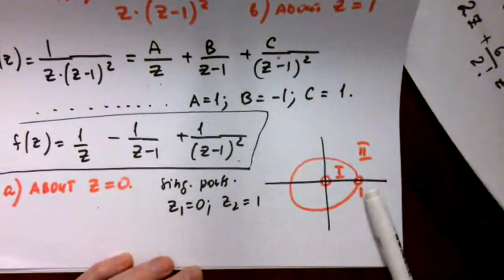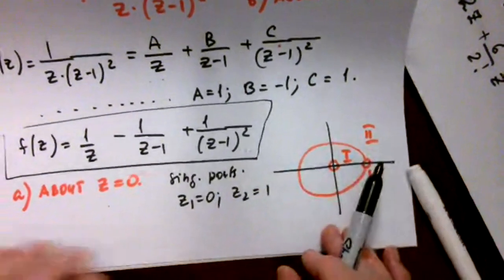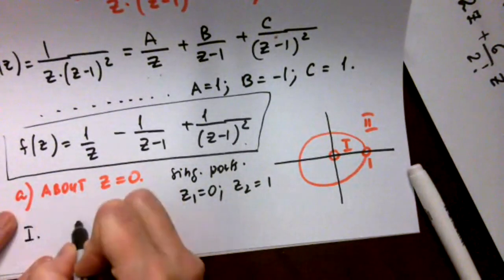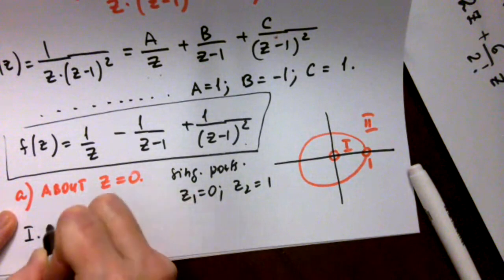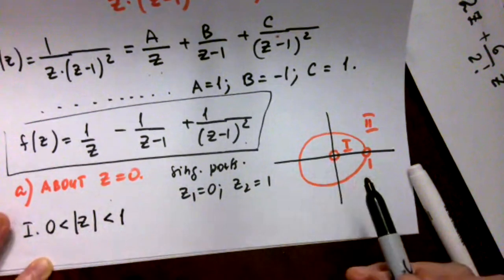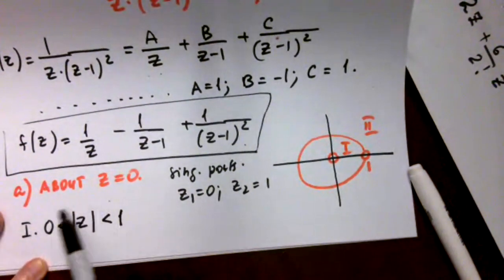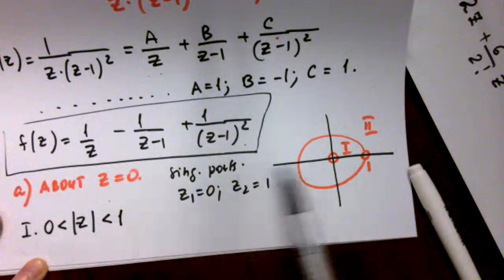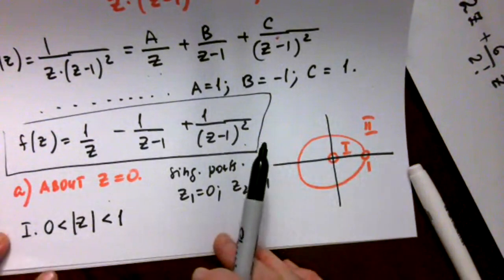But the difference is that this time the center of the circle doesn't belong to the first region at all. So the first region can be written as absolute value of z less than 1, of course, but bigger than 0 as well, because 0 should be excluded. So in this case, mathematicians prefer to say that we are not dealing with the interior of the circle, we are dealing with the ring, actually, because the center is excluded.